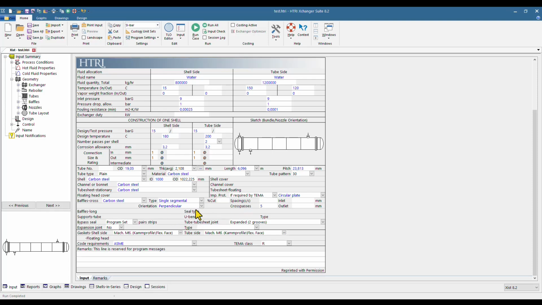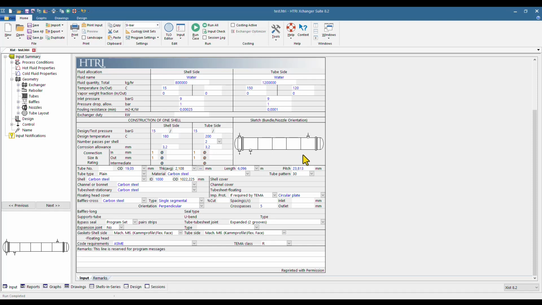Baffles are perpendicular cut, so horizontal cut in this case, since the exchanger is horizontal. Neither the spacing nor the cut has been specified, but we have specified 5 cross passes. That means 1, 2, 3, 4, 5 crosses of the tube bundle between inlet and outlet.